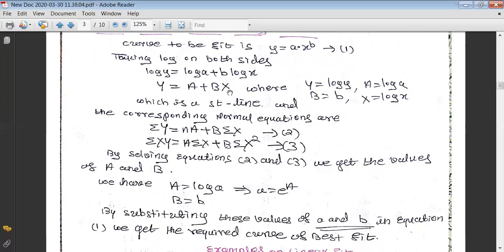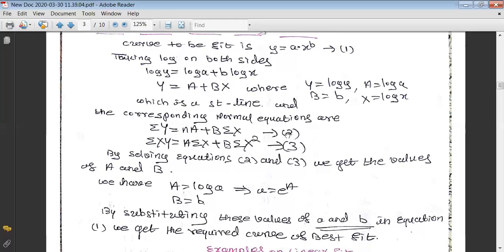And you multiply both sides by capital X, then you have to take the summation on both sides. Once you multiply by capital X on both sides, it results in summation of capital XY equal to, when you multiply by X, capital A into capital X. A is a constant, then it leaves as summation of capital X, plus, once you multiply by capital X, it becomes B into capital X square. B is a constant, take the summation for capital X square.